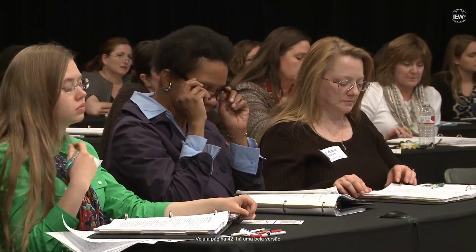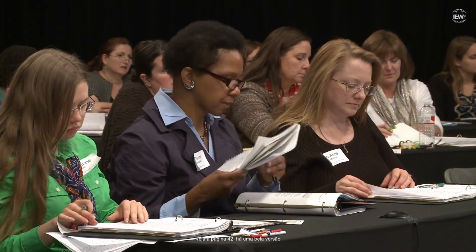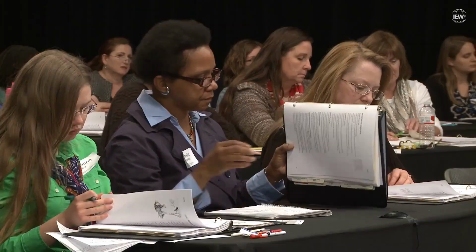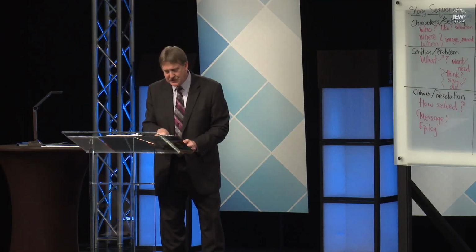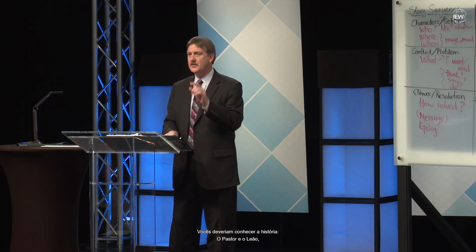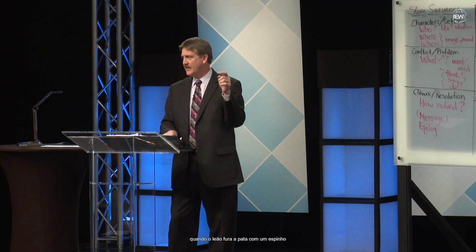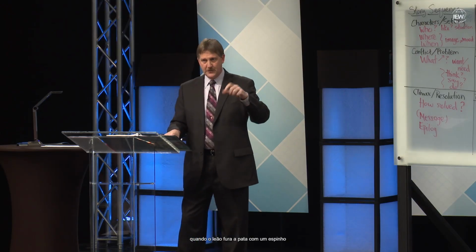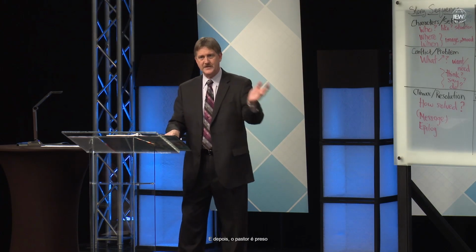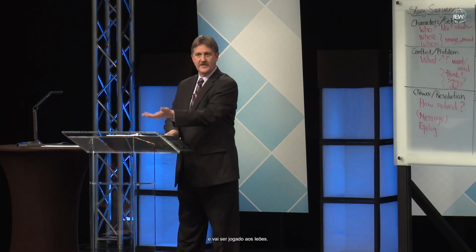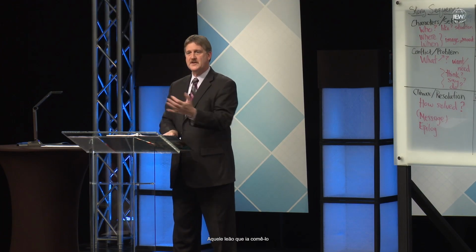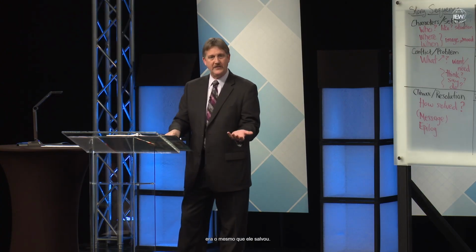If you look at page 42, there's a very nice version by a grade 7 student. You probably know the story of the lion and the shepherd, where the lion gets a thorn in his paw and the shepherd comes and pulls it out, and then later that shepherd is arrested and going to be thrown to the lions, and the very lion that's supposed to eat him is the one that he saved.